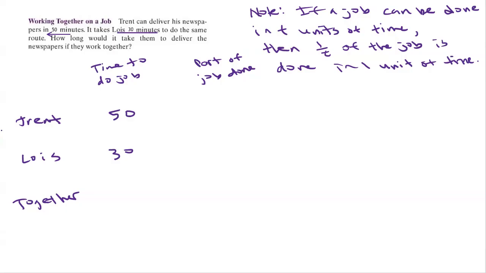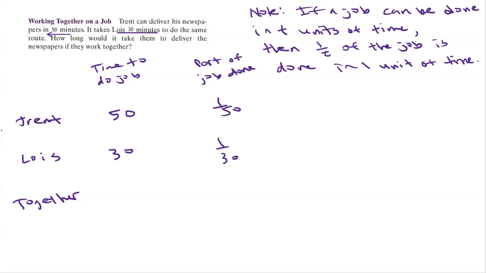Now it says, if a job can be done in t units of time, then 1 over t of the job is done in 1 unit of time. So in this case, this would be 1 over 50, right? Because 1 over t of the job is done in 1 unit of time. So that will be represented as 1 over 50, and this one as 1 over 30.